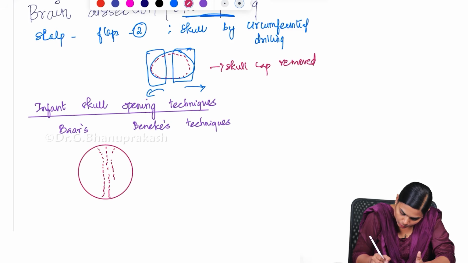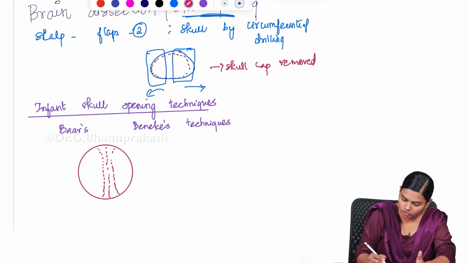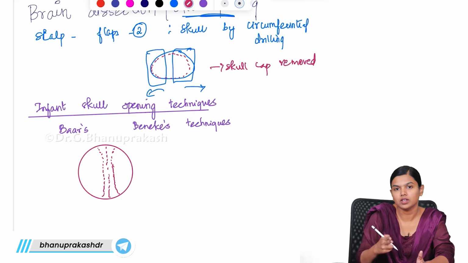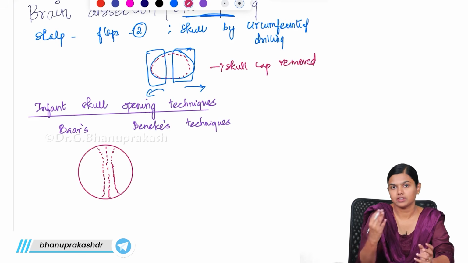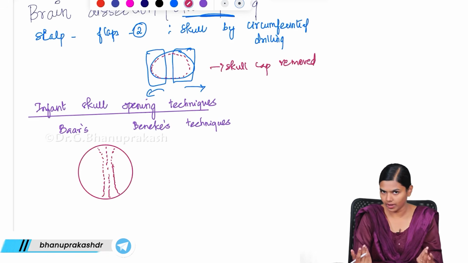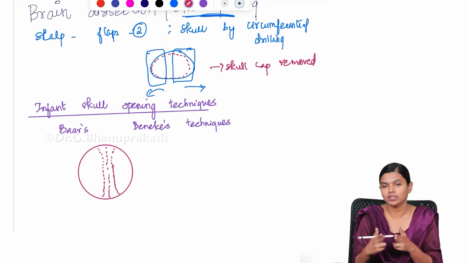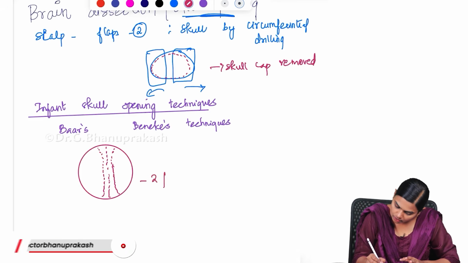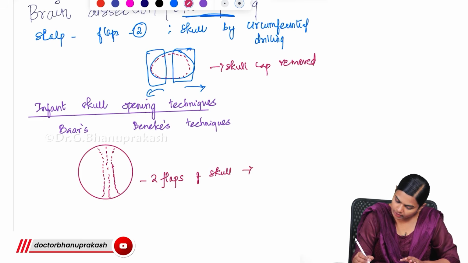You will put an incision, and along this incision, you will use a scissor and cut open the skull. Since it is very soft, not calcified like the adult skull, you can easily open it using a scissor, and you will make 2 flaps. 2 flaps of skull, and this is known as Wernicke's technique.